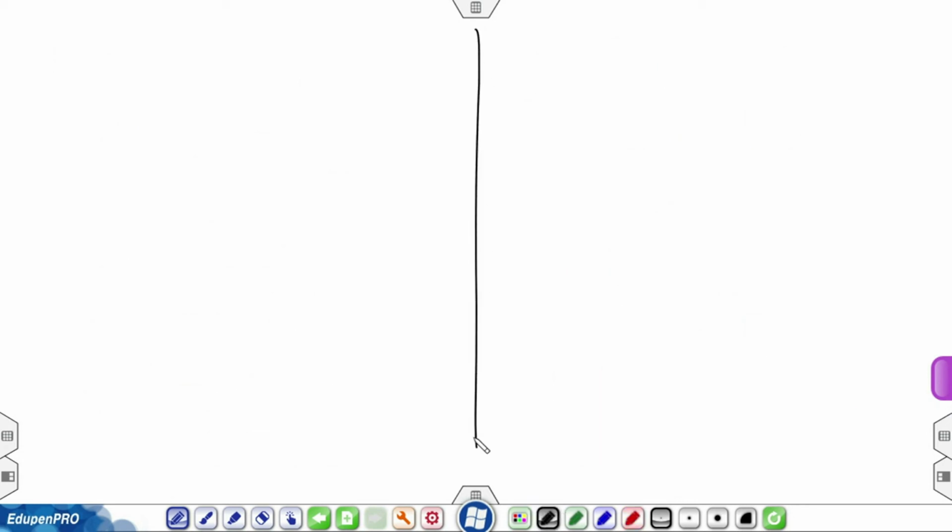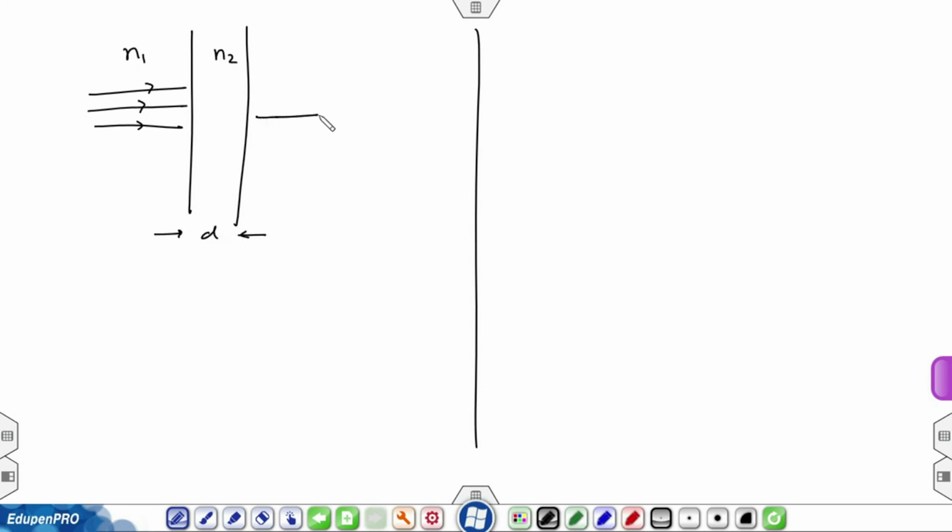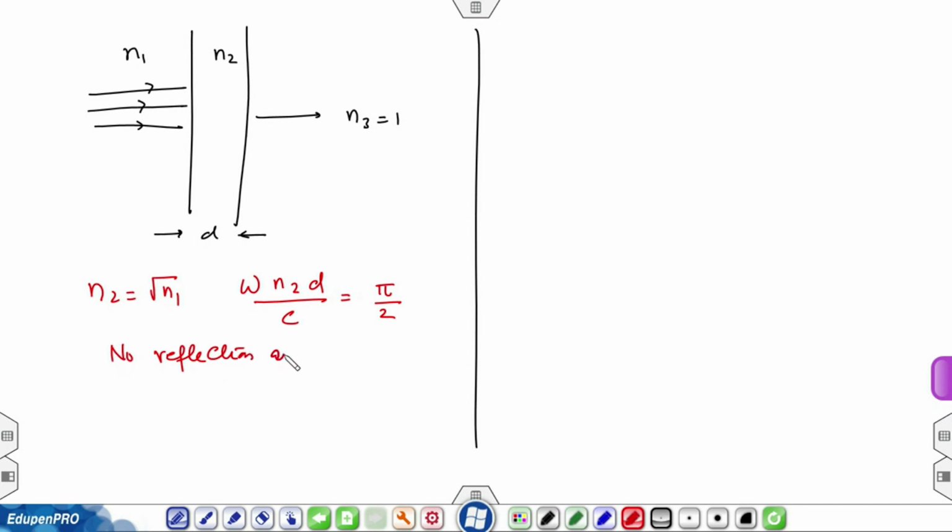So, what we have determined is that if I have a system where normal incidence plane wave is coming from the left with refractive index n1 falling in a medium of thickness d and then going to medium n3 equals 1, if n2 equals root n1 and ω n2 d / c is equal to π/2, then I have no reflection and all wave passes through.